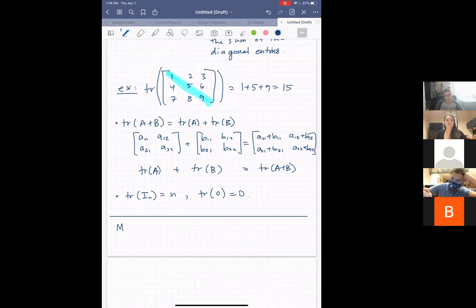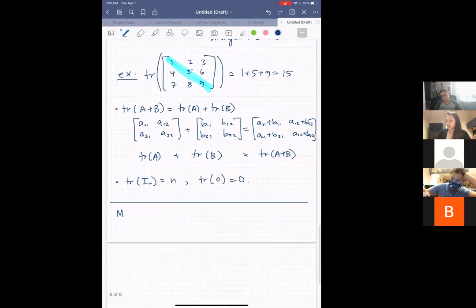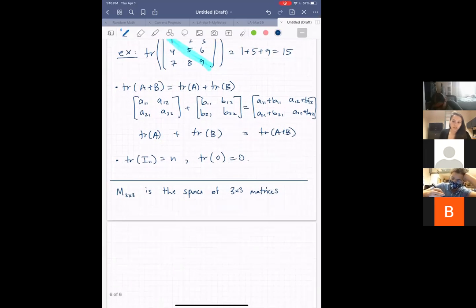We talked about the space of 2 by 2 matrices, but similarly, we can define the space of 3 by 3 matrices with entries in R. Another property of trace is that if you take the transpose of A, you get the same trace.